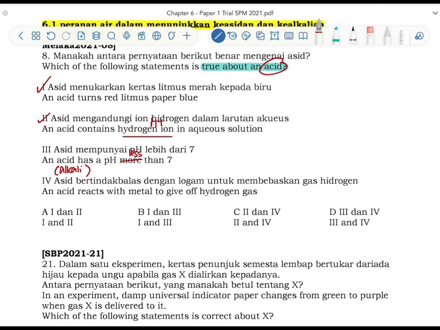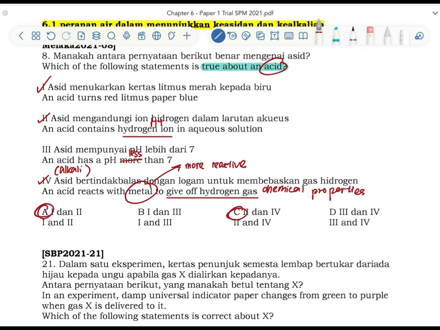Acid reacts with metal to give off hydrogen gas. Yes, this is one of the chemical properties of acid. So the answer would be 1, 2, and 2, 4. Actually the answer is A and C. Acid reacts with metal, so it must react with a more reactive metal.